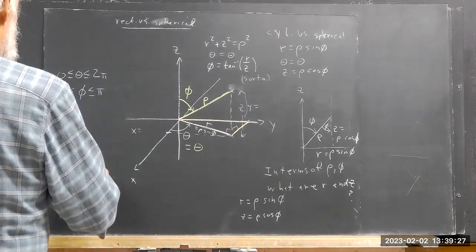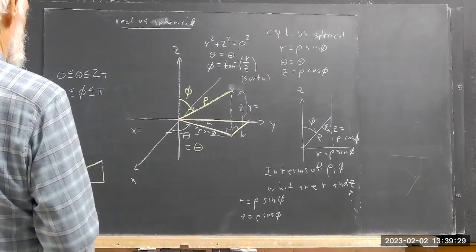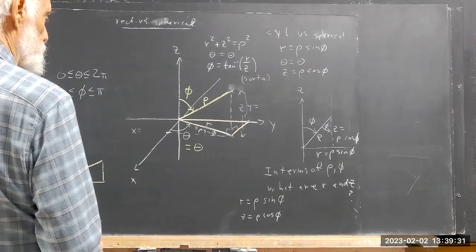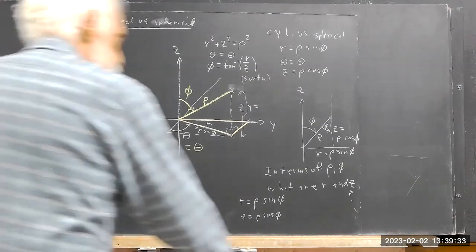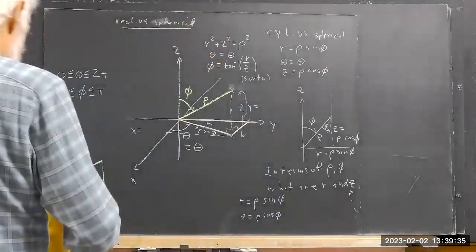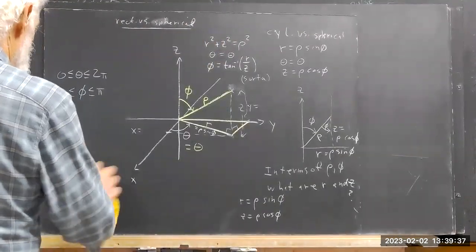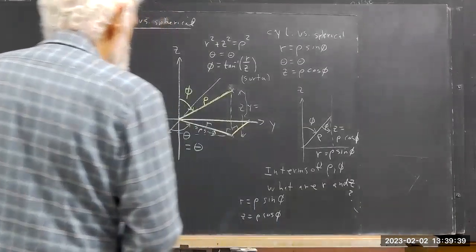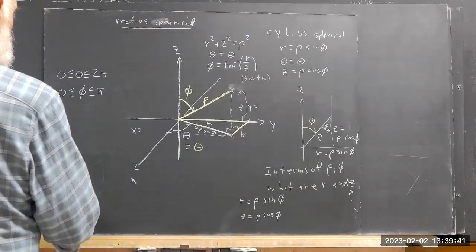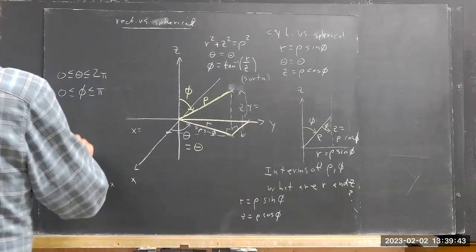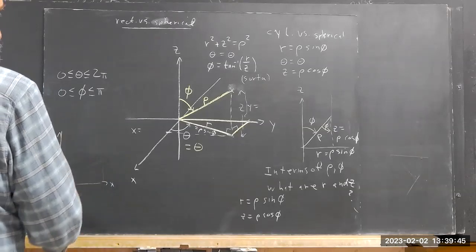Here's R. I have trouble with the geometric orientation here today. We want to have X going this way, Y going this way.